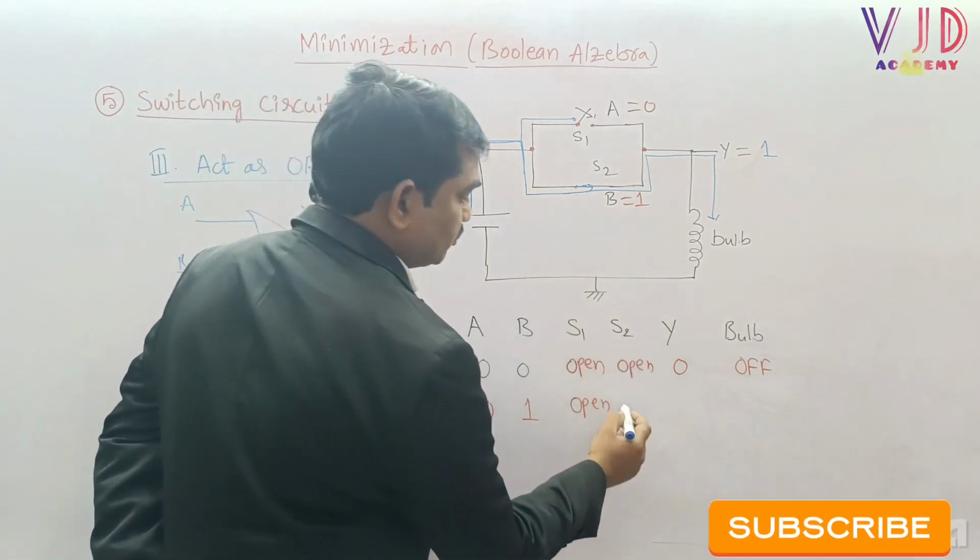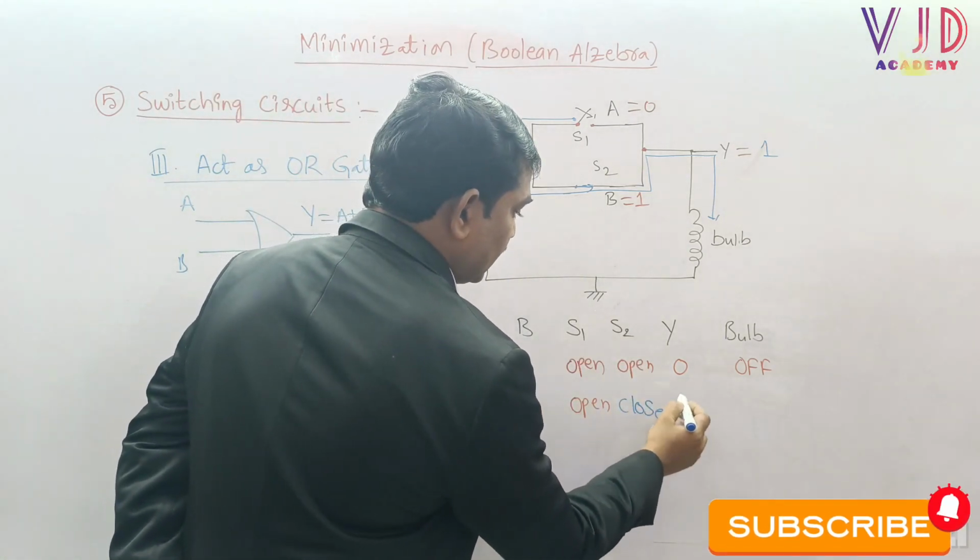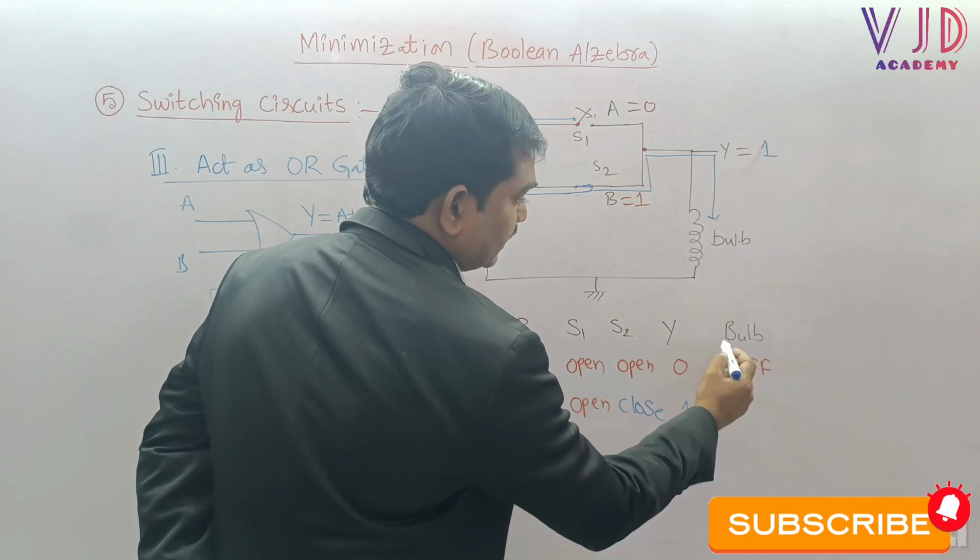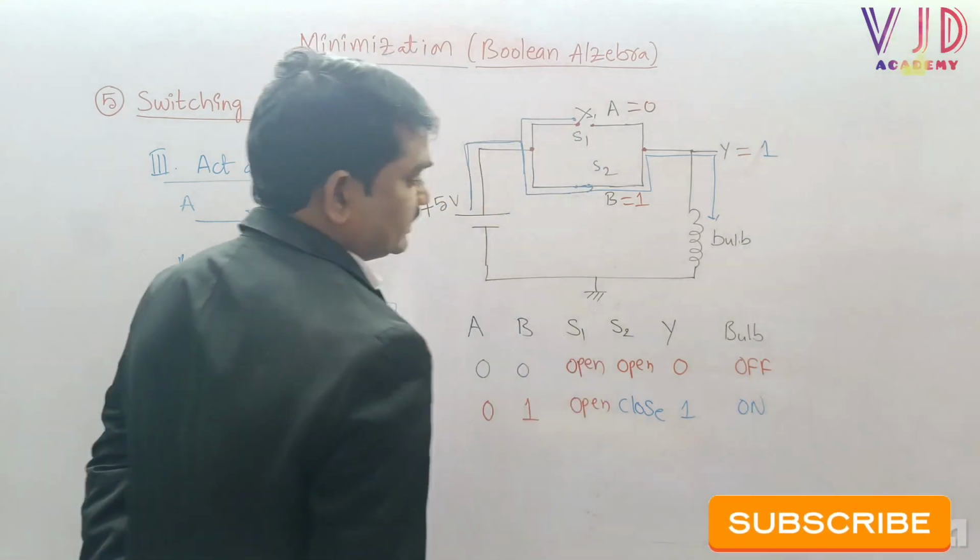Here, sir, S2 switch will be closed, Y will be 1, and the bulb will be on. This is the second case.